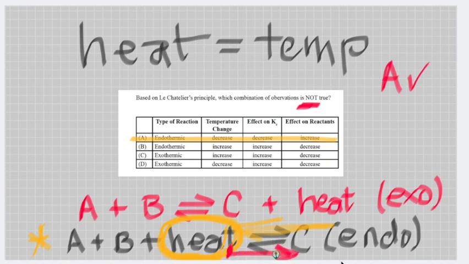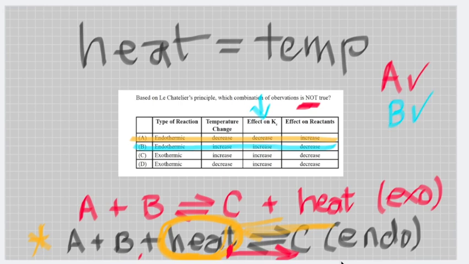So therefore, we would have a decrease in reactants and an increase in products, as is suggested there in B. Notice we haven't been making any use of Kc, which is not relevant to solving this question, as we will see. So B is also correct.